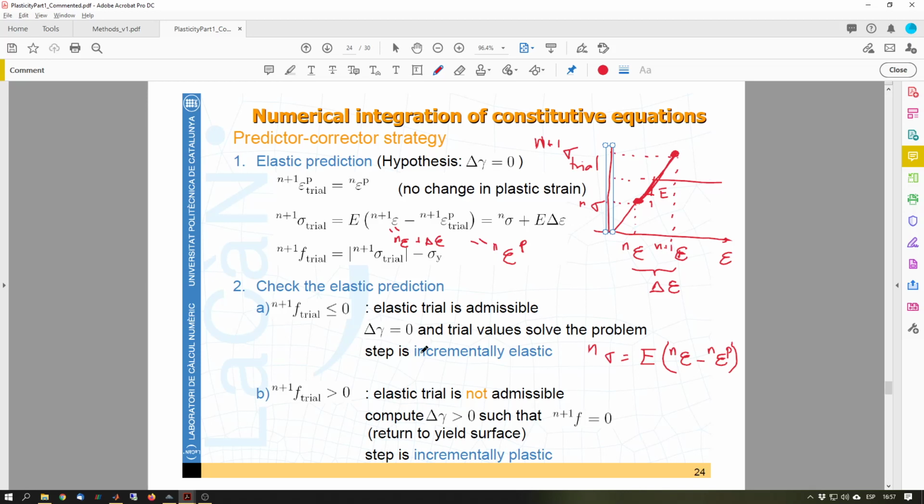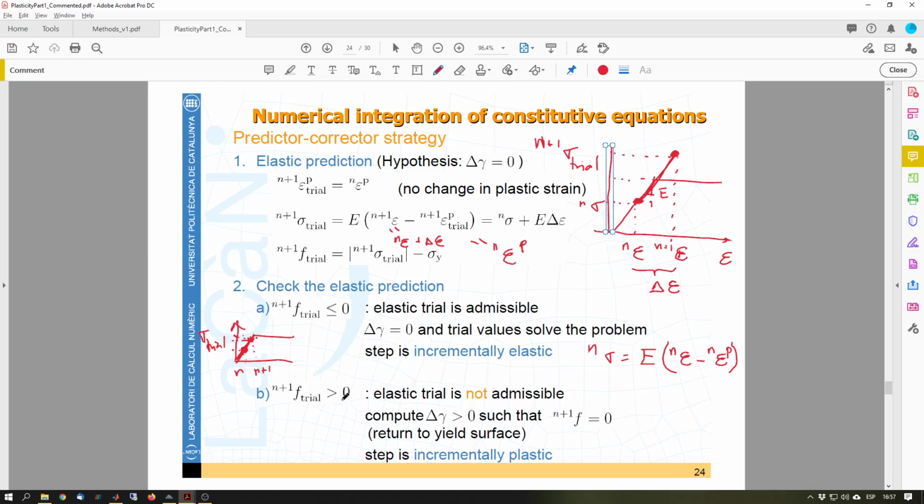It's just an incrementally elastic step. In that case, we go from that point to another point in our elastic regime. We will have this at n and this at n plus 1, and our sigma trial is fine. That would be the sigma trial that we have at that point.